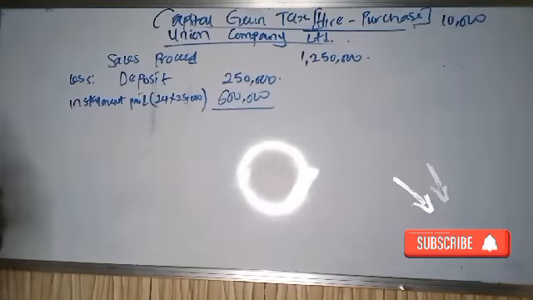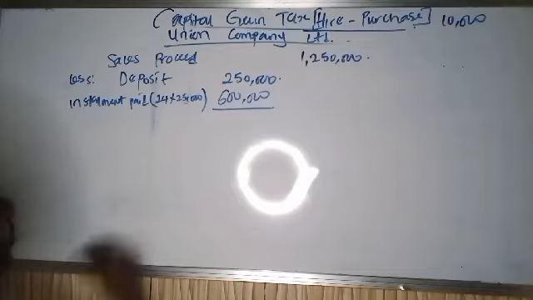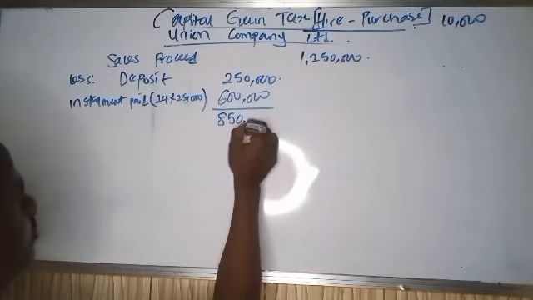Now 600,000 plus 250,000 will be 850,000 naira.